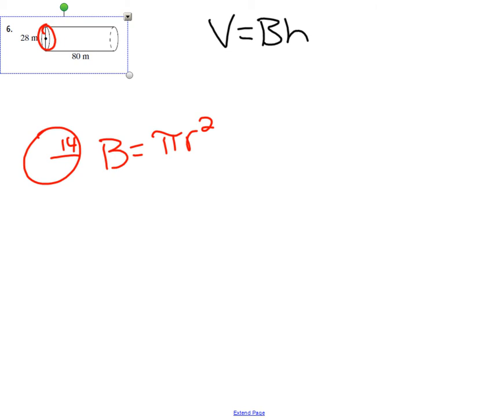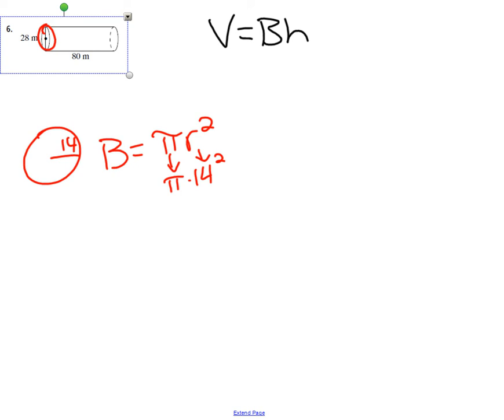Let's do this two ways. Let's go with the way that was confusing some people on the quiz Friday. Let's leave pi as pi. The radius is going to be 14, or 14 squared. We're just going to work out everything except for pi. Pi we're just going to let be happy as pi.